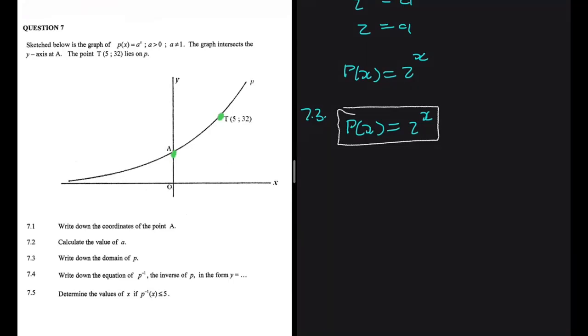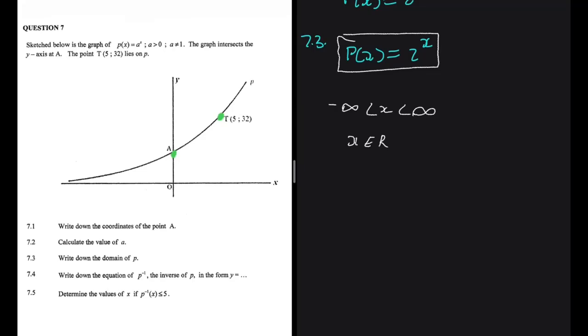So we can say that the domain of our function p runs from minus infinity to positive infinity. It is defined for all values of x. Or you can write instead x is an element of the real numbers. We just want to see that you are aware that this function is defined for all values of x.